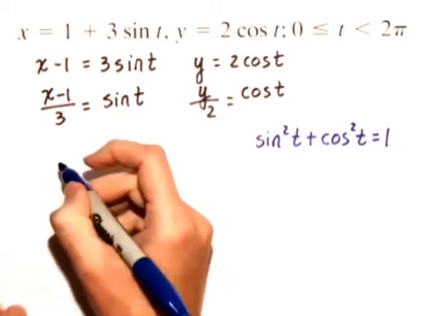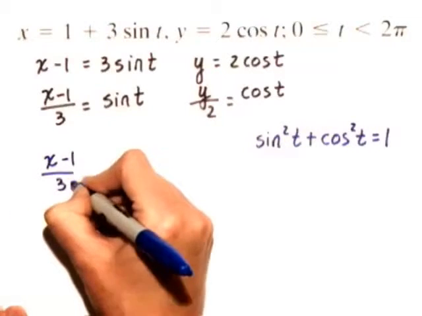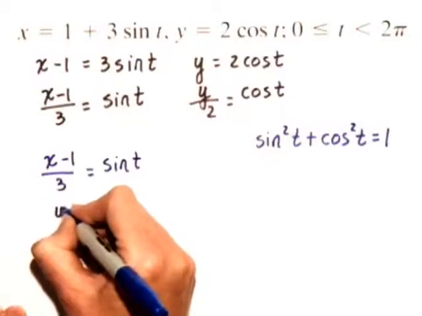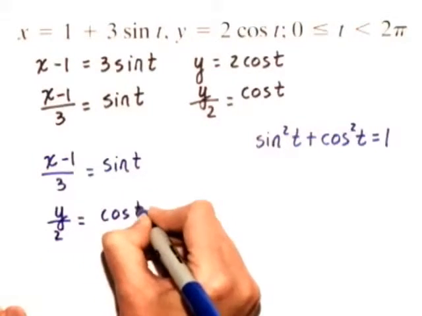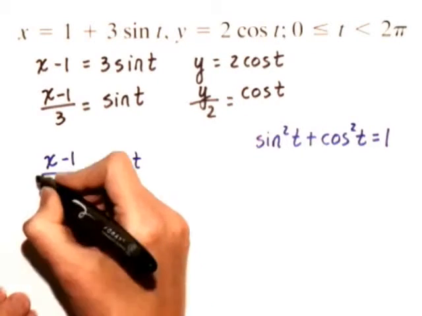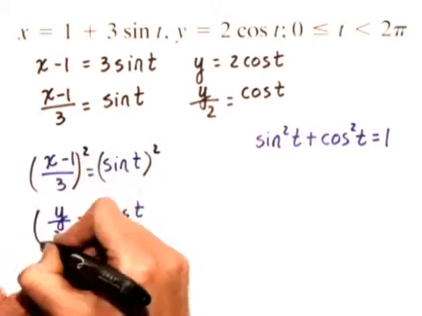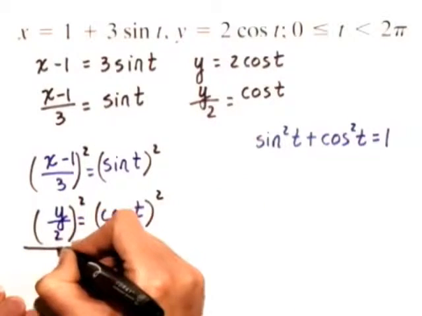So what I'm going to do is rewrite the two equations. (x minus 1) over 3 equals sine t, and also y over 2 is equal to cosine t, and I'm going to take both sides of each equation and square it.